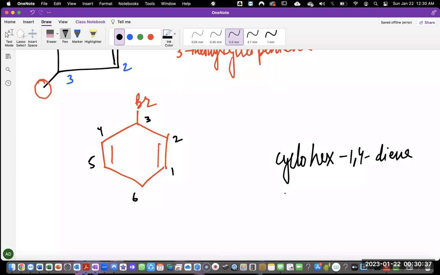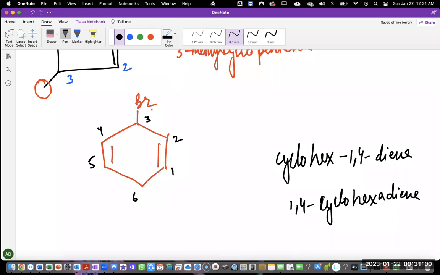You could have also called this 1,4-cyclohexadiene. So let me write that down as well for you. Cyclohexadiene. Remember, guys, whenever you're bringing diene and hex together, you have to put an a in between, okay? So 1,4-cyclohexadiene. So that's, again, the last name.